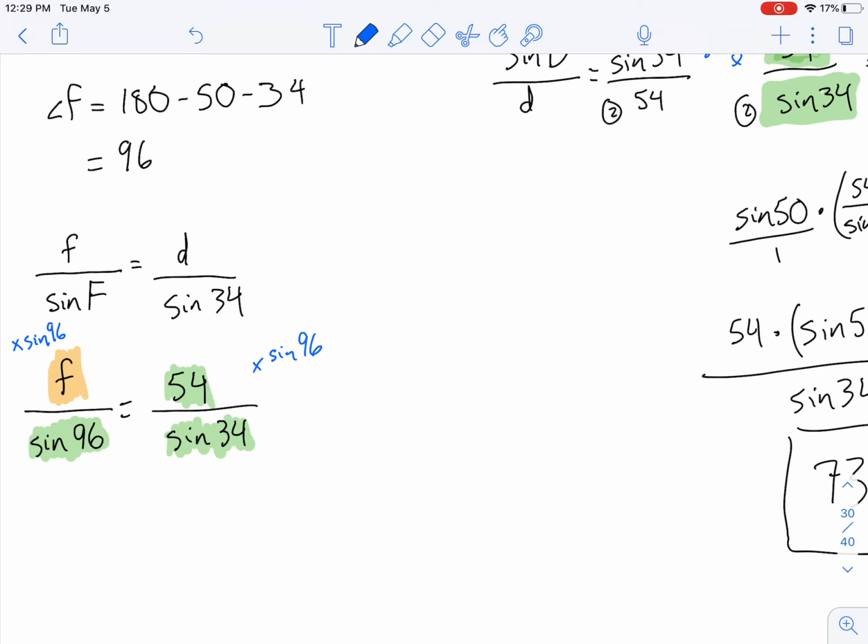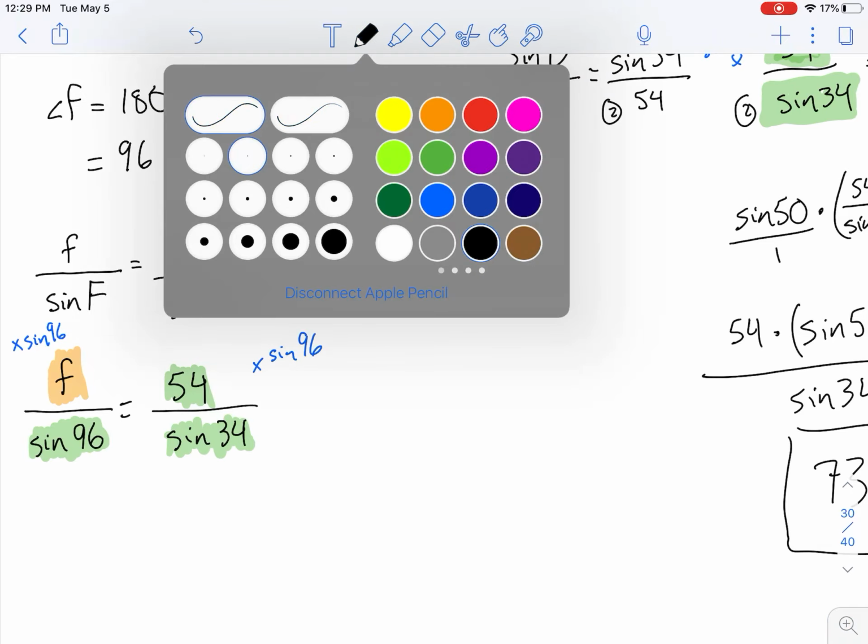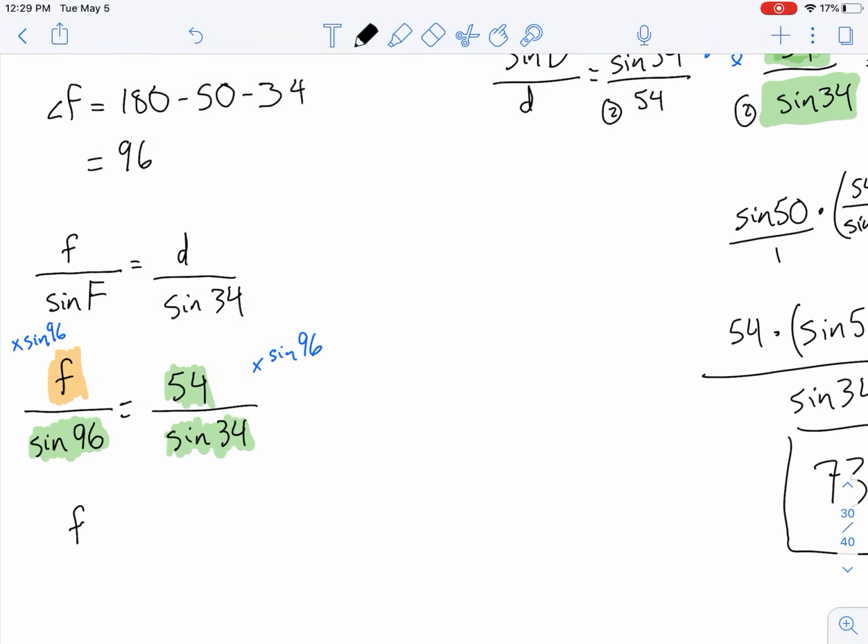Sine 96 divided by sine 96 is just 1, and we're left with F isolated on this side. And we get 54 times sine 96 divided by sine 34. Once again, we could write that out as two different things, but I'm just going to keep it as one.